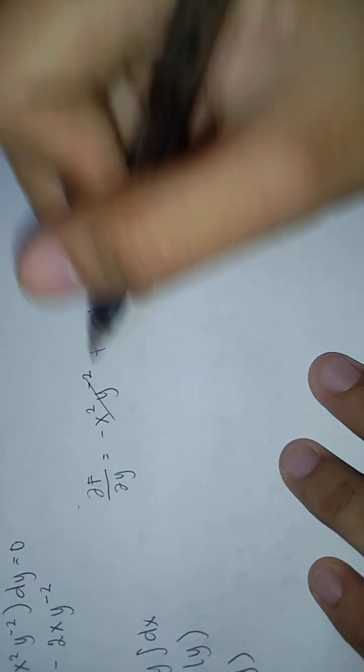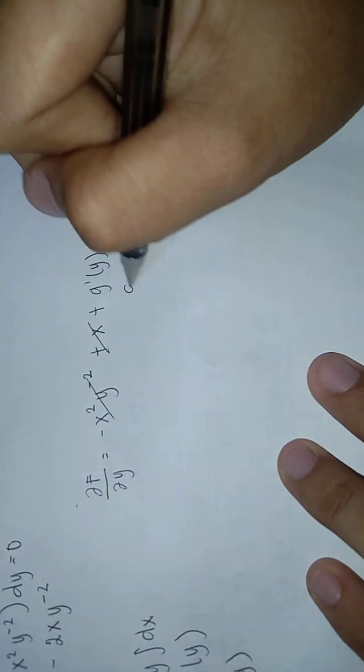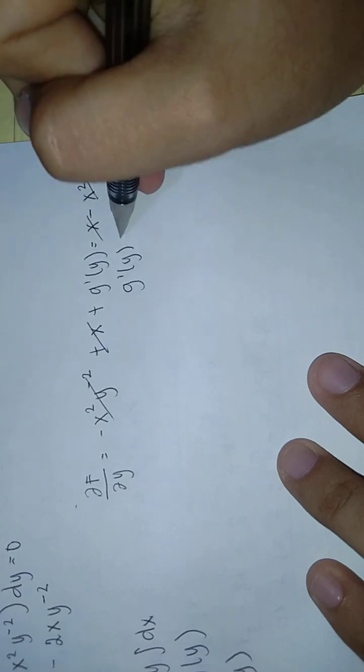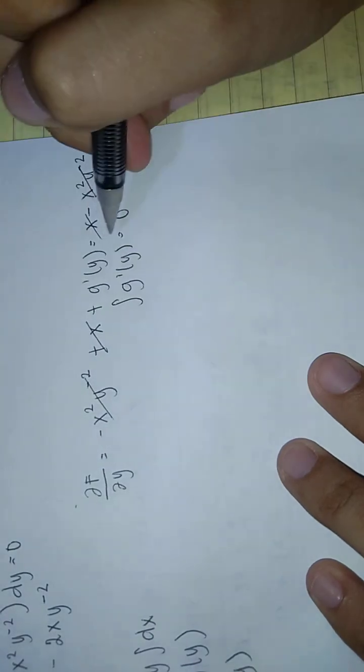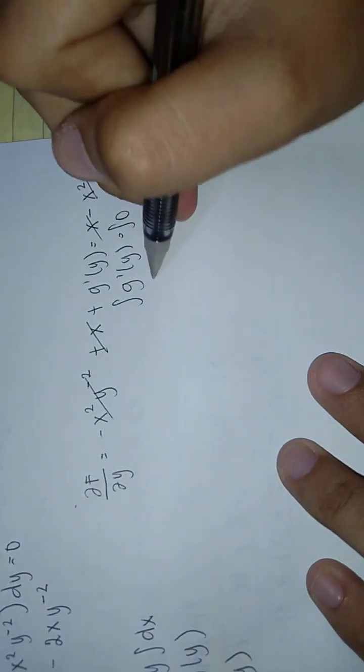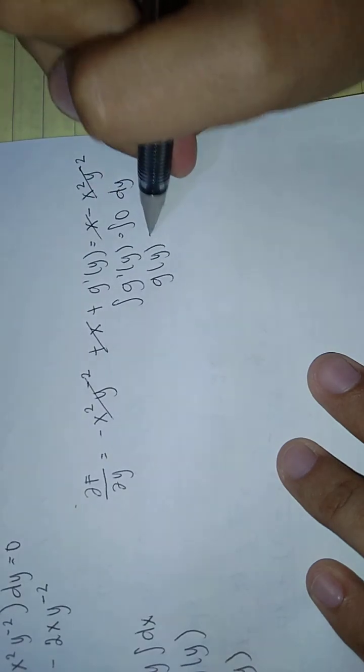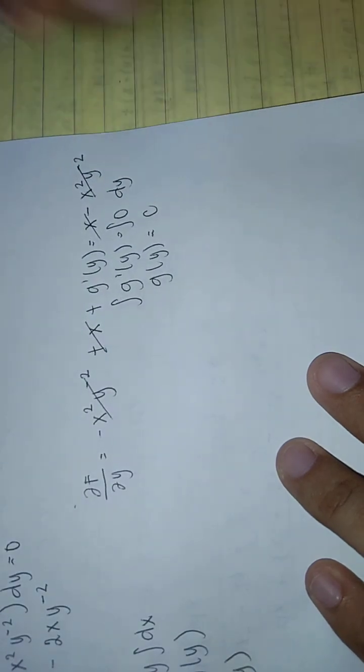This can be cancelled out in this one. So our g prime of y now is 0. Equate both sides by dy. Then our g of y now will be 0 plus c, or simply c.